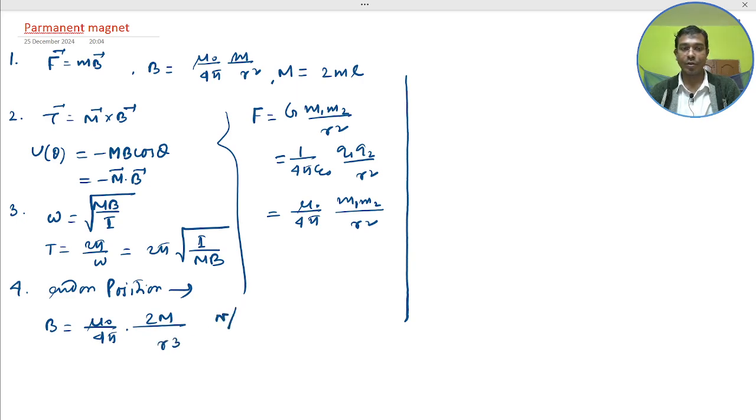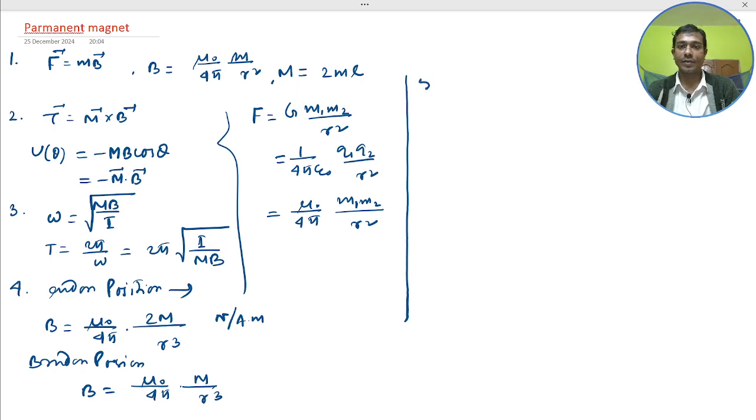This is in newton per ampere meter. And for the broadside on position, B is equal to μ₀/4π · M by r³.